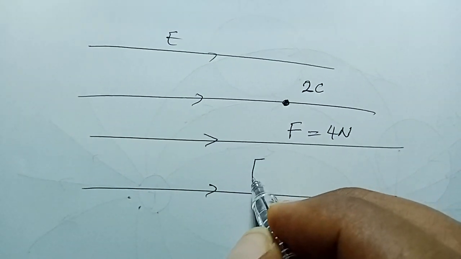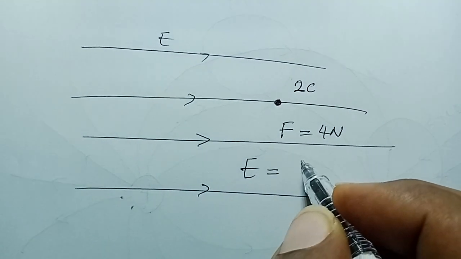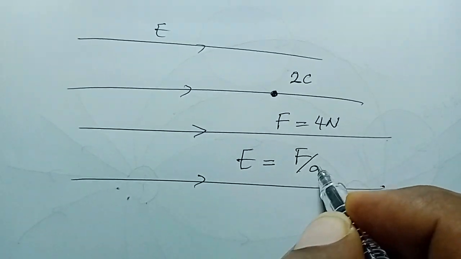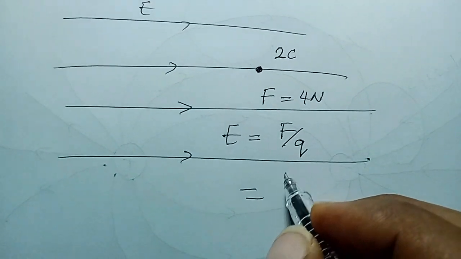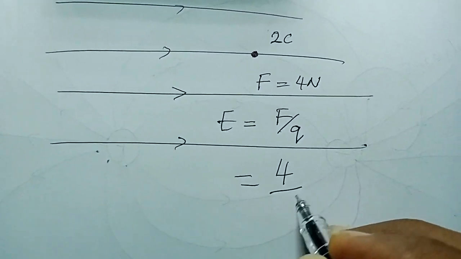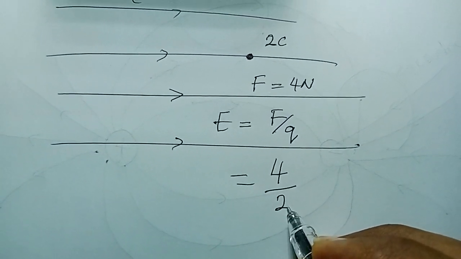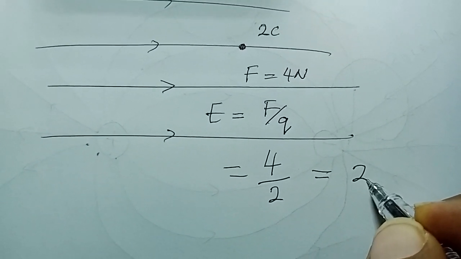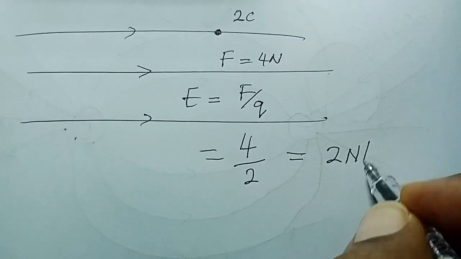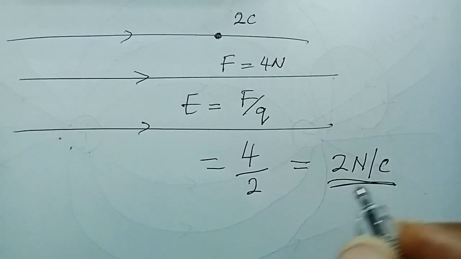We simply say the electric field is equal to the force all over the charge. So that will be equal to 4 Newton divided by 2 coulombs, which gives us 2. The unit of electric field is Newton per coulomb because it's force all over charge.